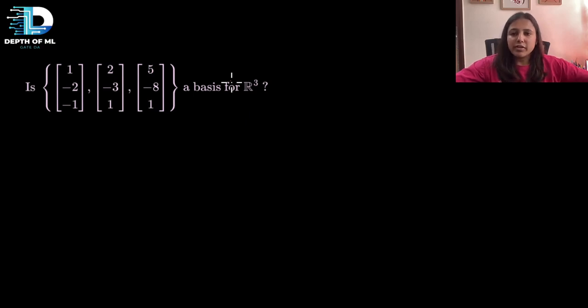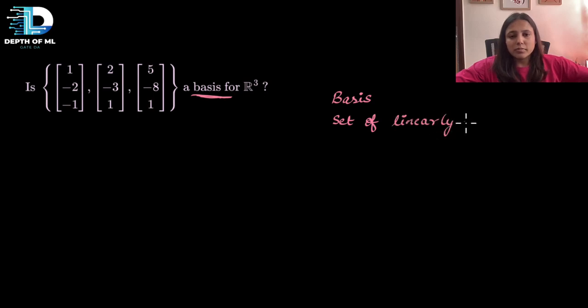They have given you three column vectors and they are asking whether this is a basis for R3. First of all, let's talk about what a basis is. A basis is basically a set of linearly independent vectors that span R3, or the subspace or space that they have given.